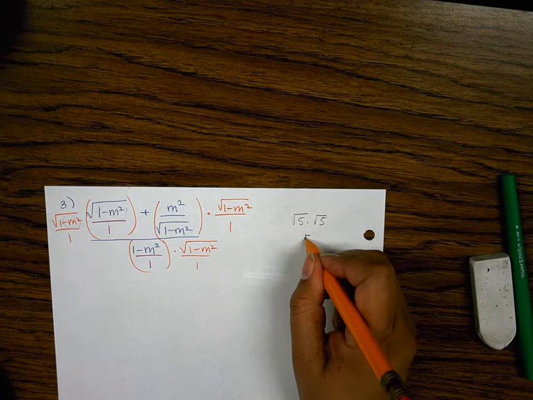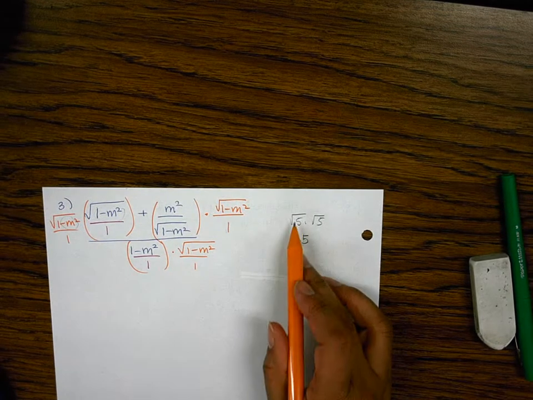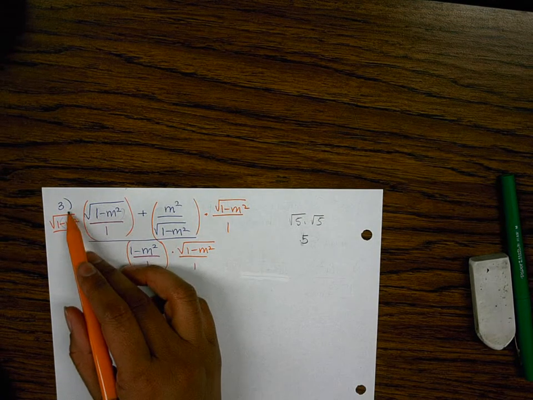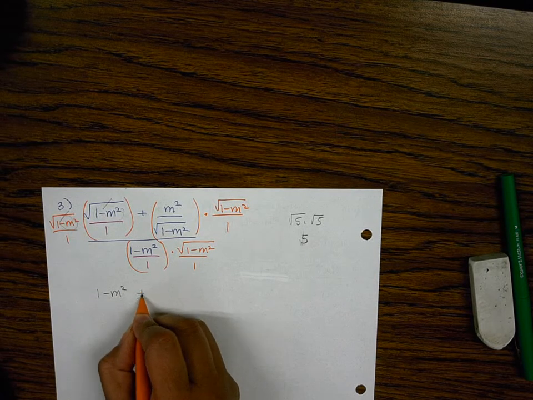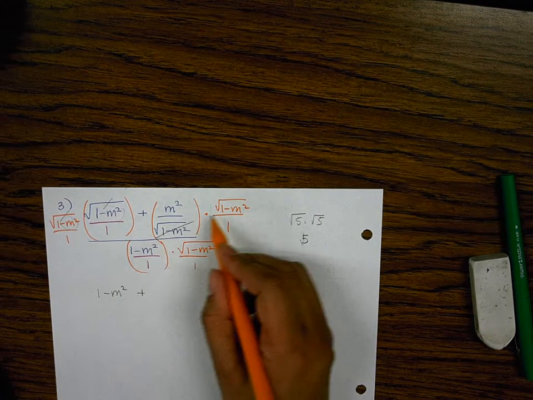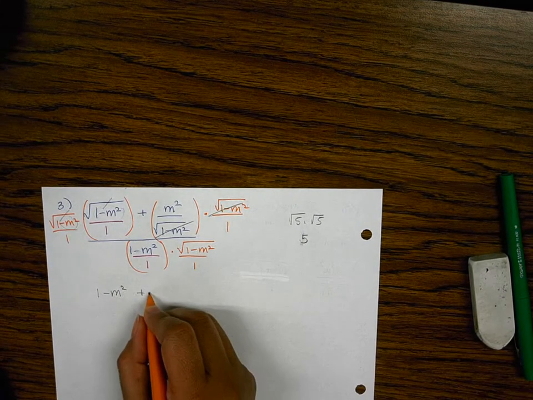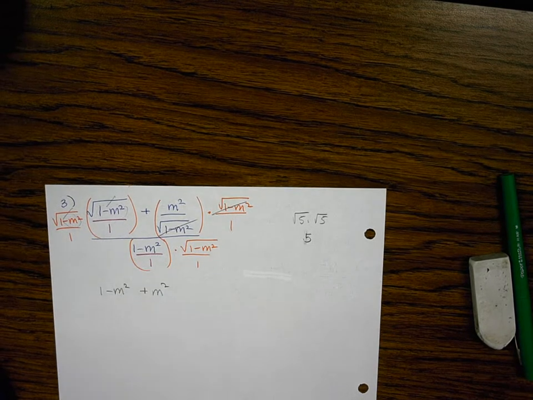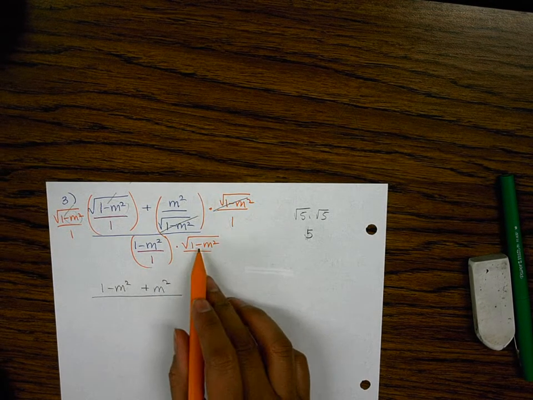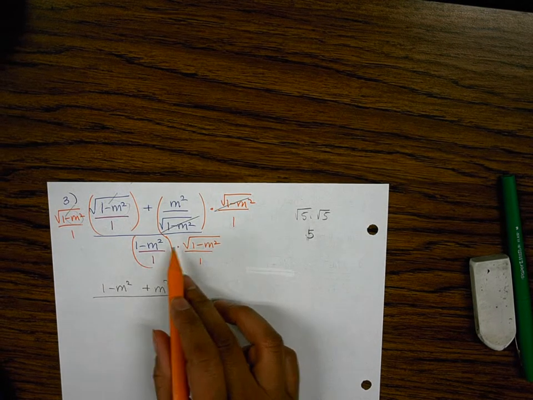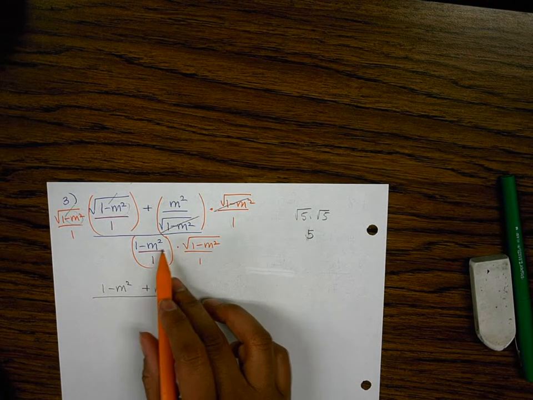Again, it's like root 5 times root 5 is simply 5, because the square root of 25 is 5. The radicals or the square roots undo each other. Same thing here, they undo each other. 1 minus m squared plus these two reduce, gone and gone, plus m squared. I can see that's going to clean up. I'll do it on the next step.